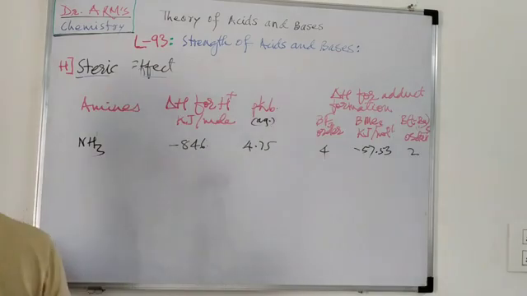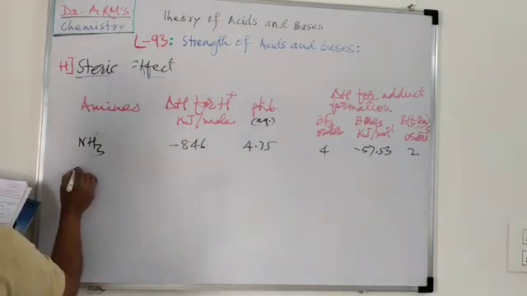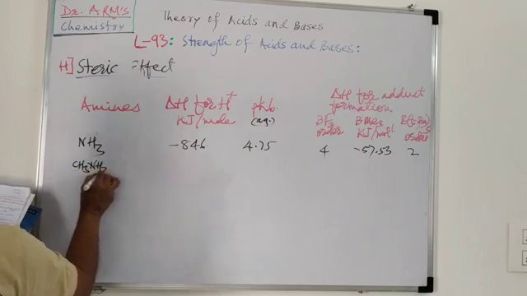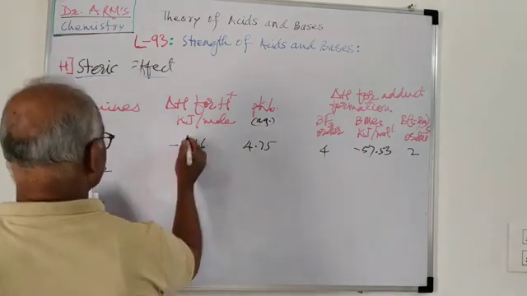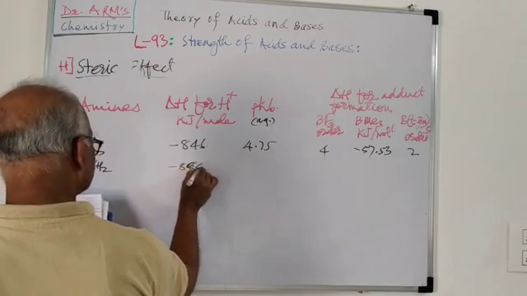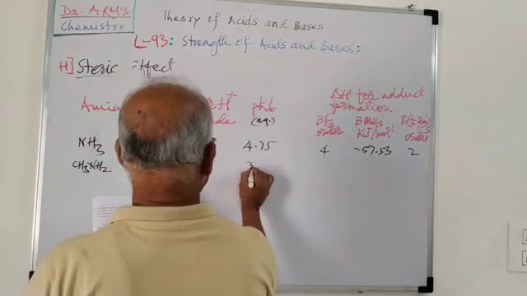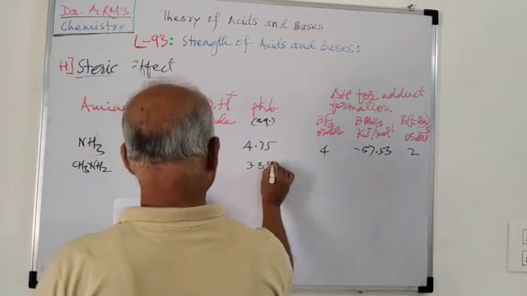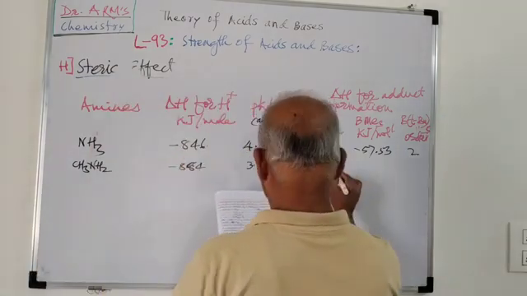Then the next base is CH3NH2, where the values are minus 884, 3.38. Here it is second order.